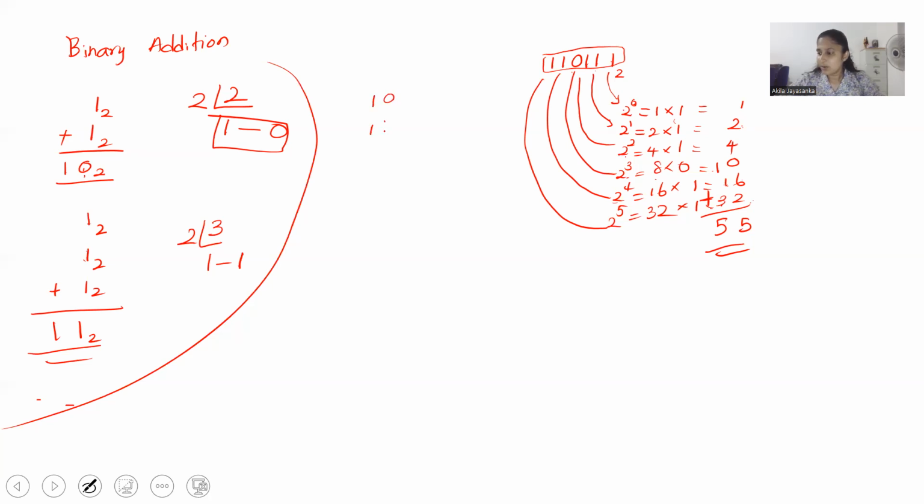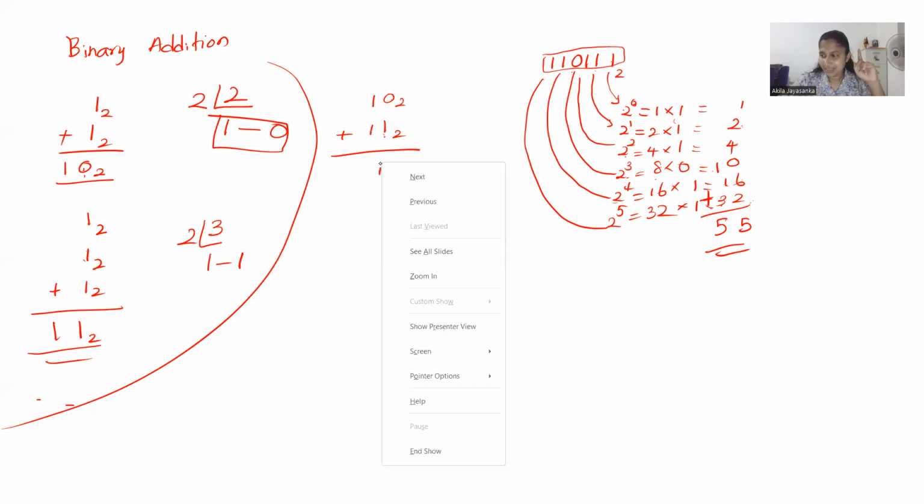1 0 1 1. Okay, let's add these two numbers. 0 plus 1, what is the answer? 1. Yes, we can place that value as it is. 0 plus 1 is 1. Then the other place is 1 plus 1.